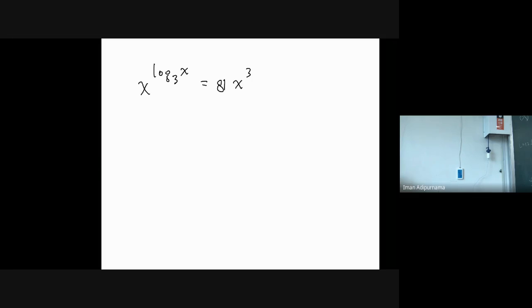That's the idea. And then maybe after you change the form, you will see some hope, and you can solve for x. Online students, you can also try this question.